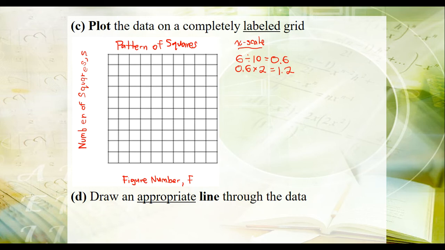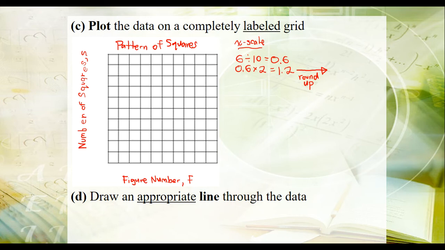So what we can do is, if we actually do this process, and we start to get decimal numbers that are ugly, which is going to make it difficult to read off the graph, we're allowed to round up a little bit, okay? So I'm going to round up to a number that's going to be a bit easier to read off the graph. Typically you just want to round up to the nearest whole number.